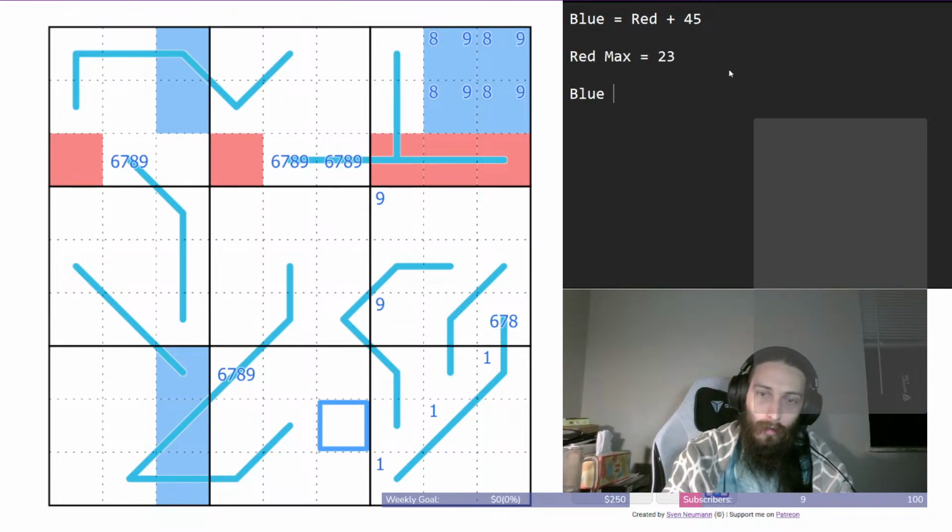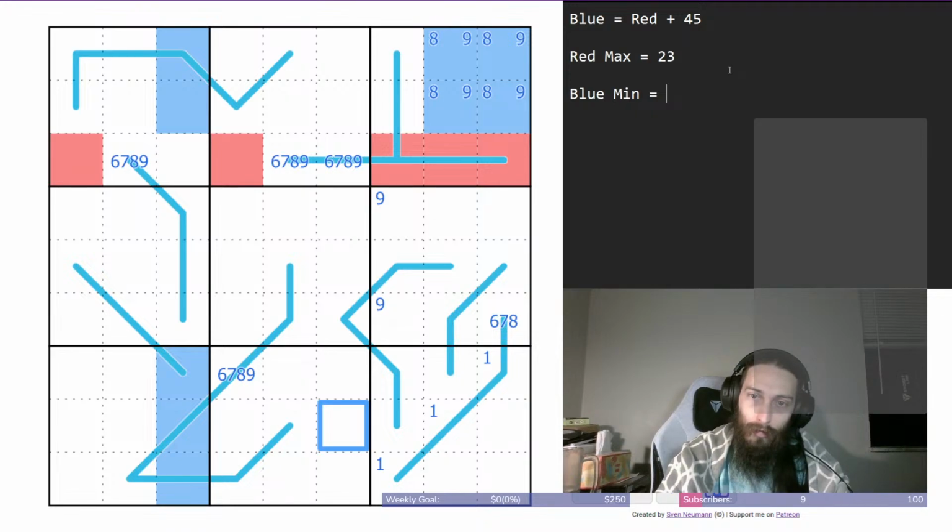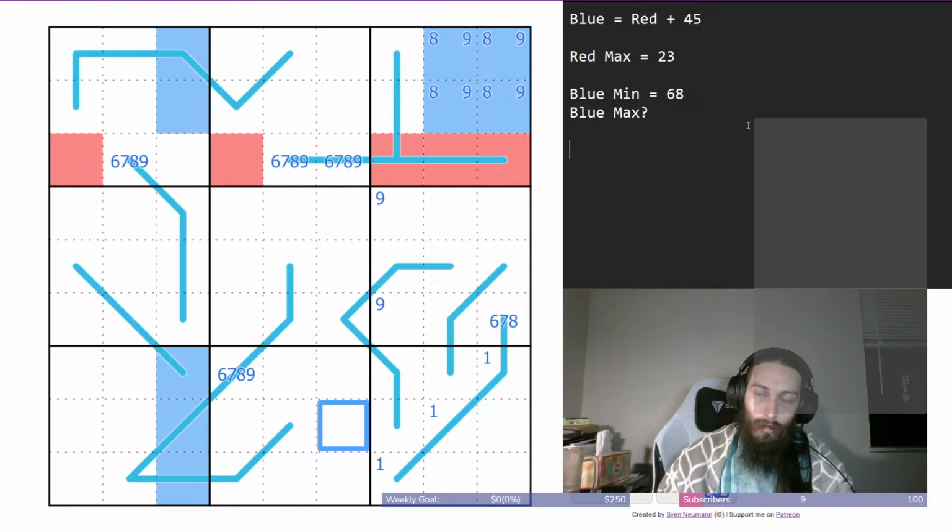So blue has a minimum of 68, right? Mm-hmm. So what is blue's max? Well, here would be 30. If red max is 23, then wouldn't blue max be 68, since blue is red plus 45?